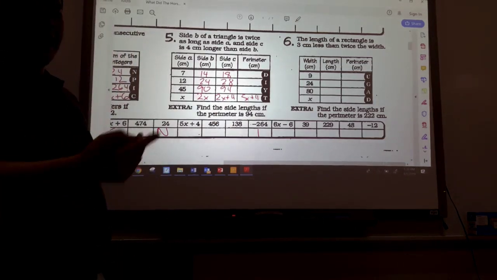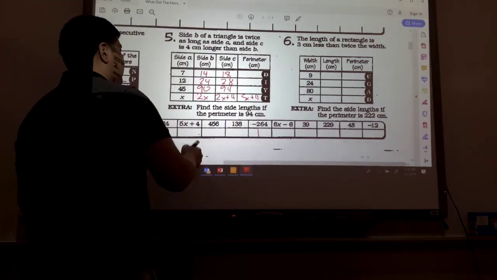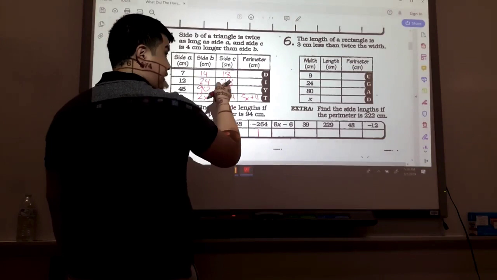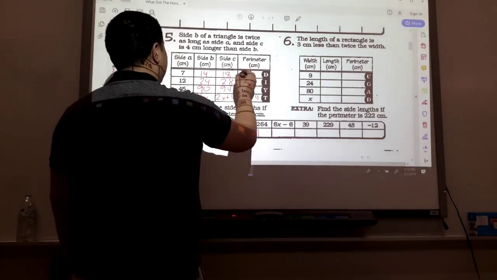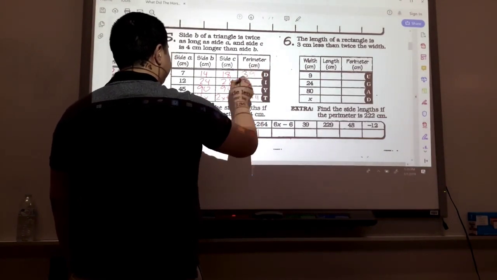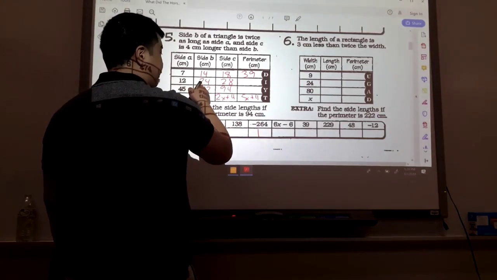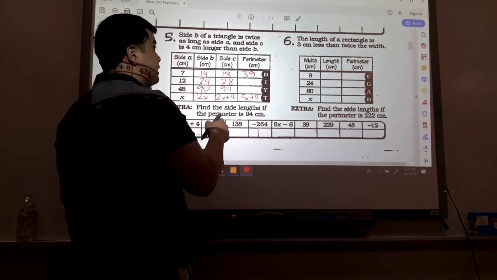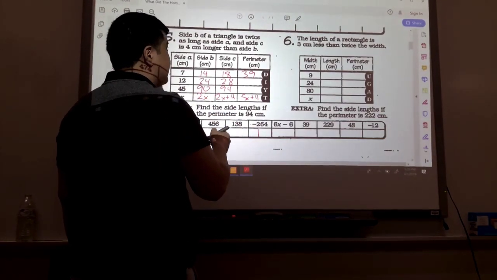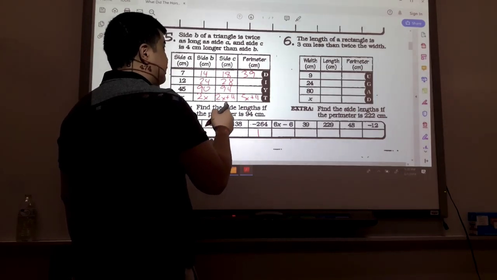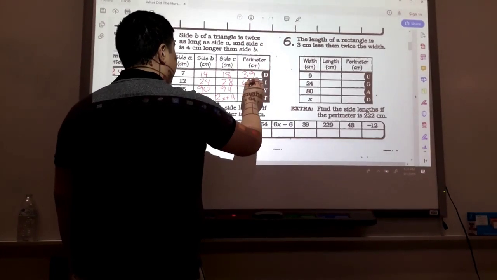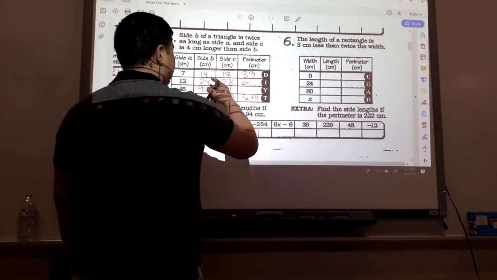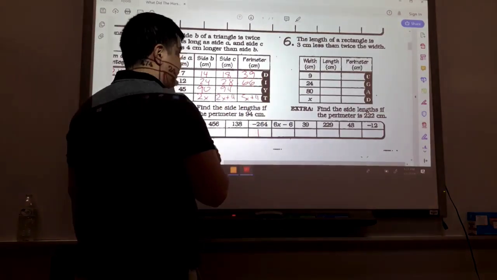The perimeter is simply adding all of these together, so we got 7 plus 14 plus 18, which is 39. 12 plus 24, 36. 36 plus 28 is 66.